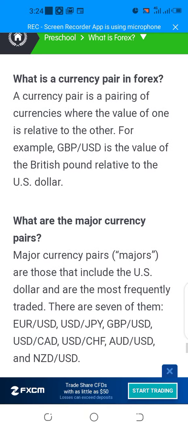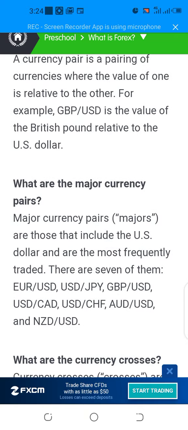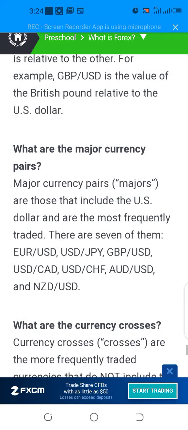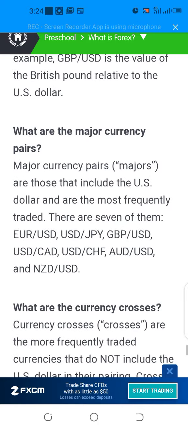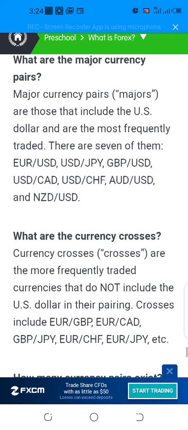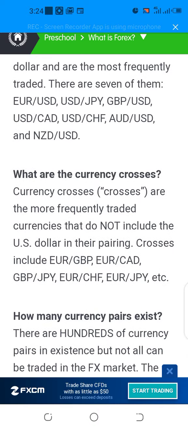Pips. A pip is the unit of measurement to express the change in value between two currencies. For example, if EUR/USD moves from 1.2250 to 1.2251, it means we have had 1 pip movement.